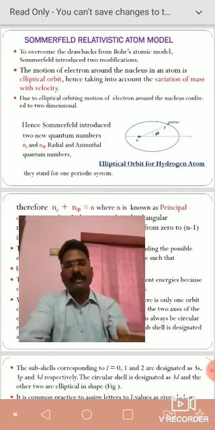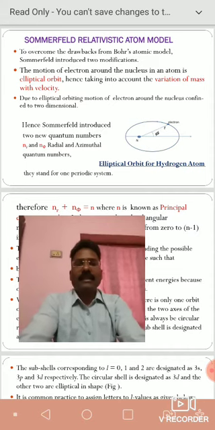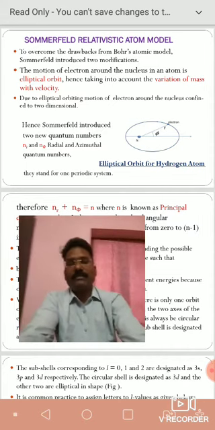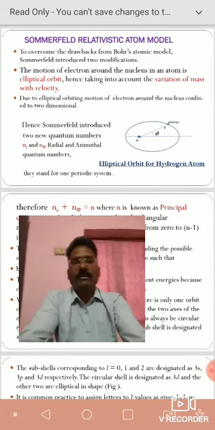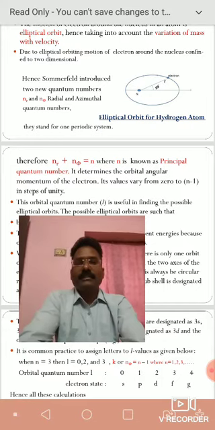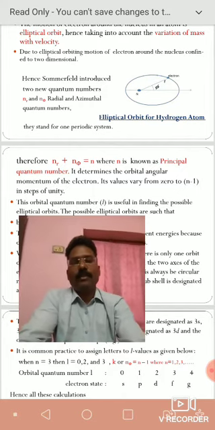The radius vector makes an angle with the x-axis, and if the angle changes, the corresponding quantum number is known as the azimuthal quantum number, represented as n phi. They stand for one periodic system in the elliptical orbit of the hydrogen atom.